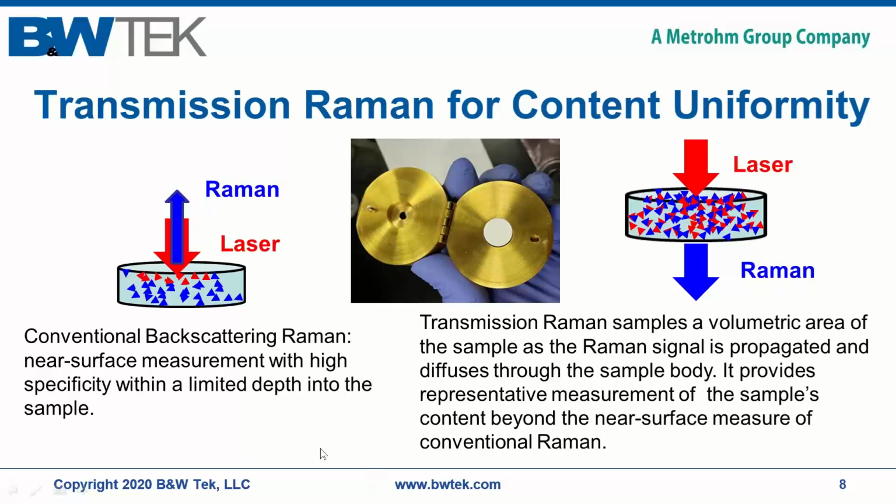With transmission Raman spectroscopy, we have the light transmitting through the body of the sample. So we get a volumetric sampling as that laser light diffuses through the sample and the scattering is collected on the other side. This provides a representative measurement of the sample's content beyond that near-surface measure of conventional Raman.